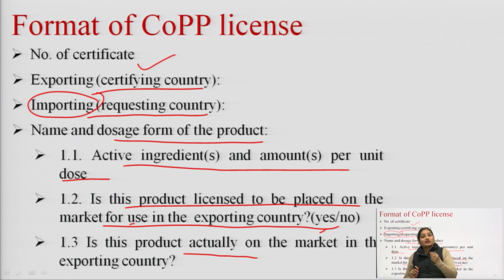So, to be assured about the quality manufacturing facilities of the exporting country, that this product is manufactured according to the provisions specified in the GMP, the importing country requests an approval or a license from the exporting country, and this license is known as the COPP license.